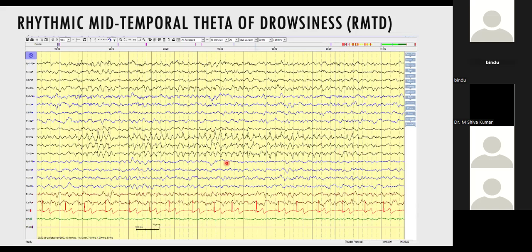So it is common, and it can be confused with the theta rhythm. Rhythmic mid-temporal theta of drowsiness will have a frequency of theta. The differences are that it will not evolve morphologically, and there is a sudden onset and offset. The same can be seen here in the common average montage.